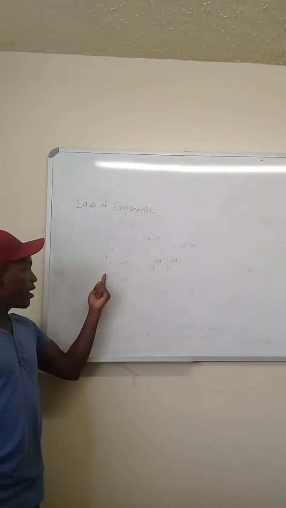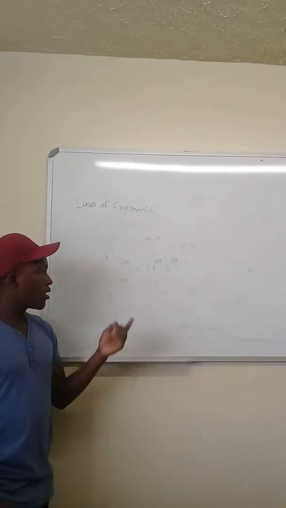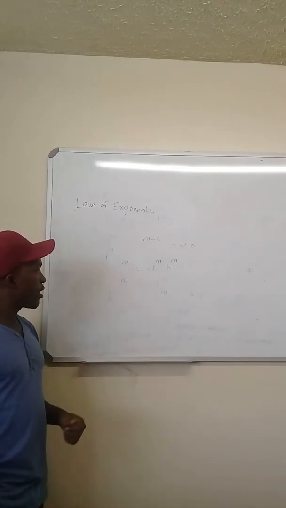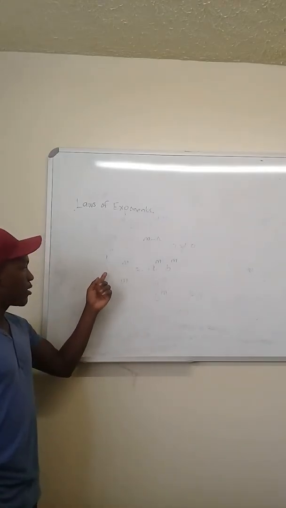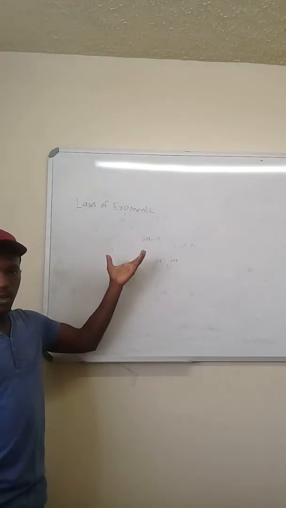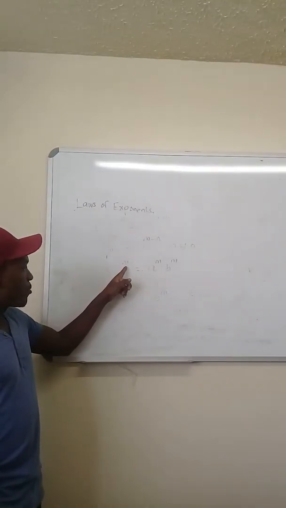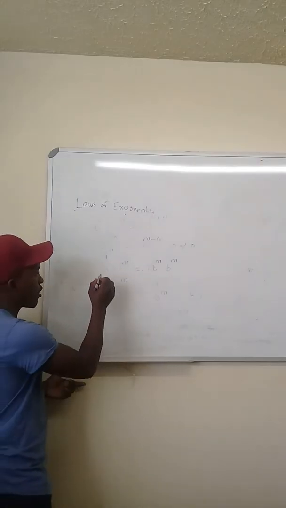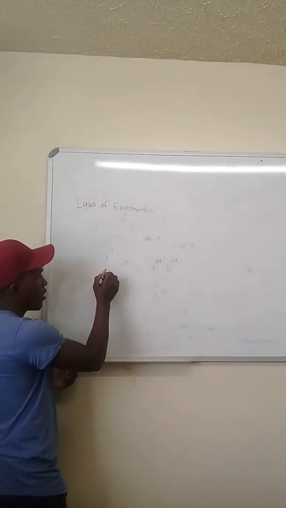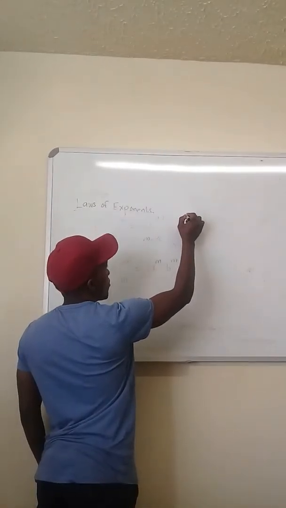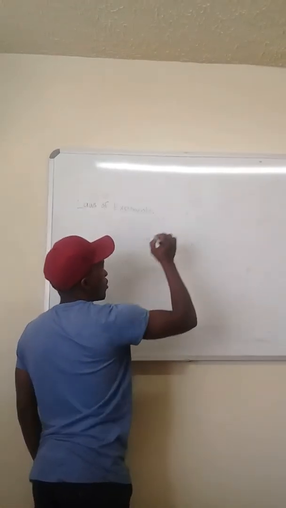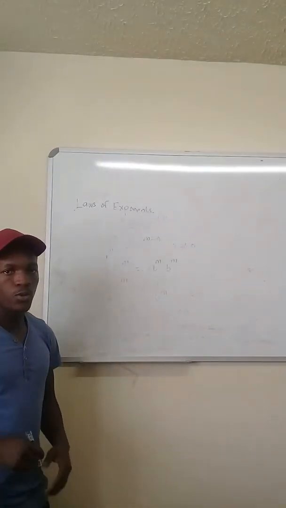So if you multiply bases which are not the same, like a multiplied by b, and outside the bracket is an exponent m, that means this m will multiply the exponent which is 1 here. You must know that if you have a number like a, there is an exponent 1, but we don't write it.